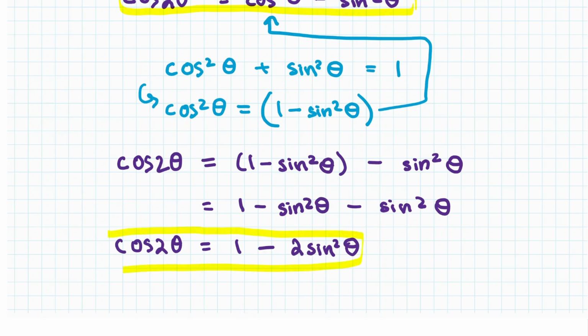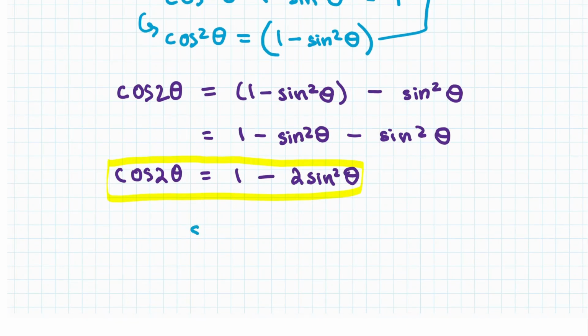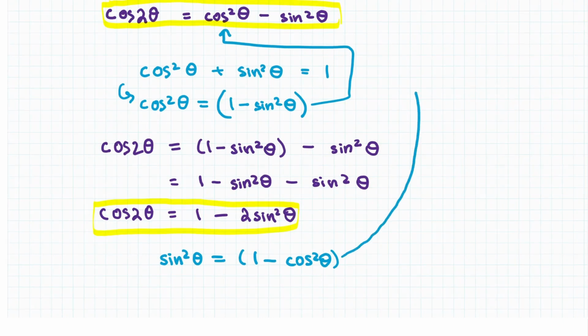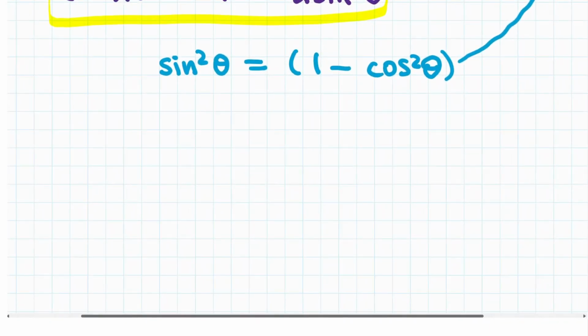So I think at this point we can guess what the third one is going to be. Looking at our Pythagorean identity, we isolated for cos squared theta. But what if we isolate for sine squared theta? We see then that sine squared theta equals 1 minus cos squared theta. And what we're going to do there is sub in this 1 minus cos squared theta for our sine squared theta over here. So as a result, what do we get?